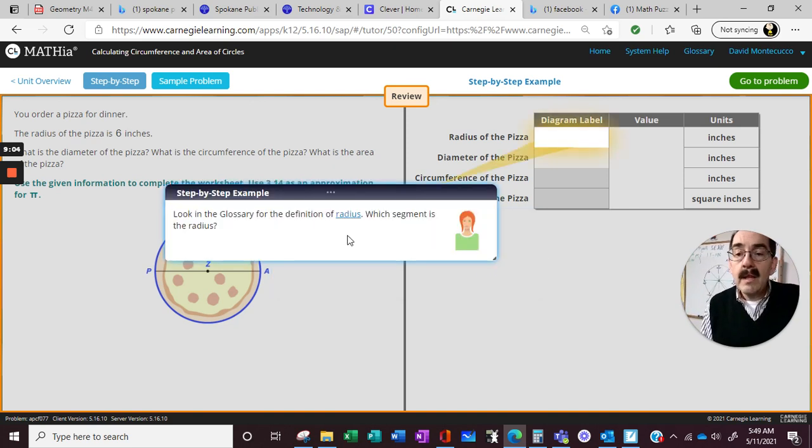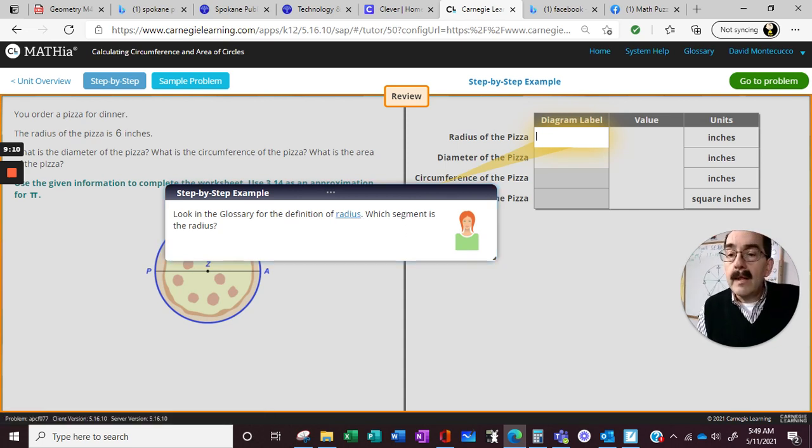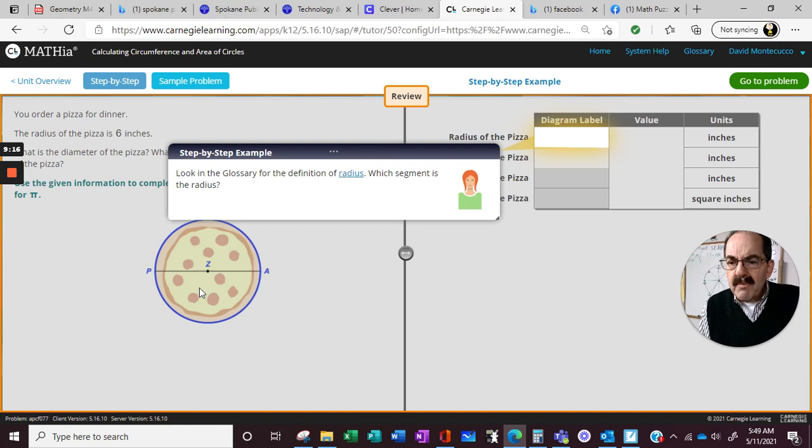So, begin glossary. If you don't know what a radius is, look it up. Diagram label: I think we want ZA or ZP. Remember, it's been a while since we did this. Capital letters. So I'm going to go ZP. Just sounds cool.